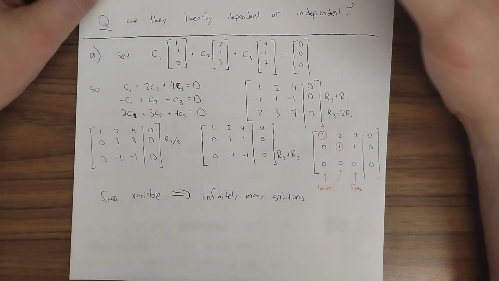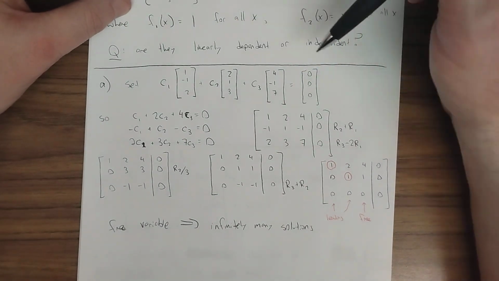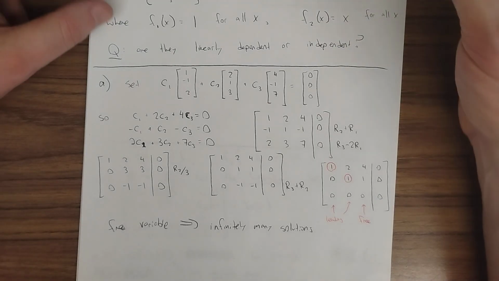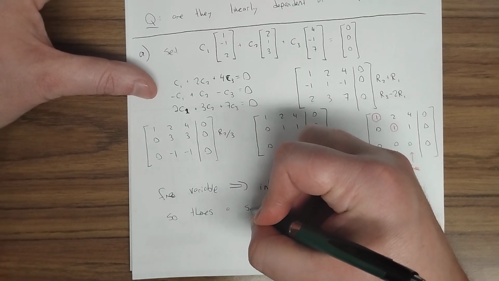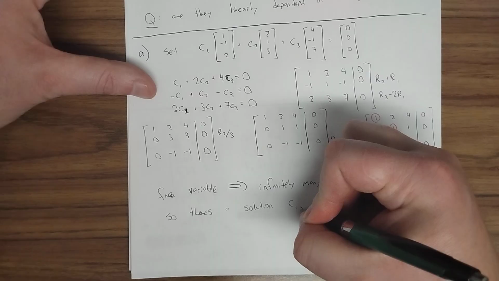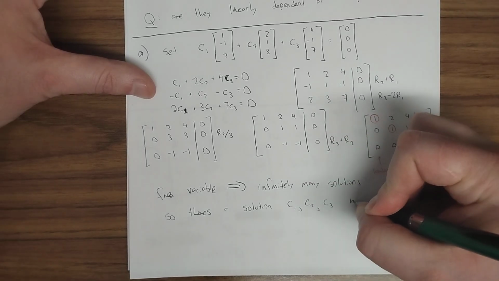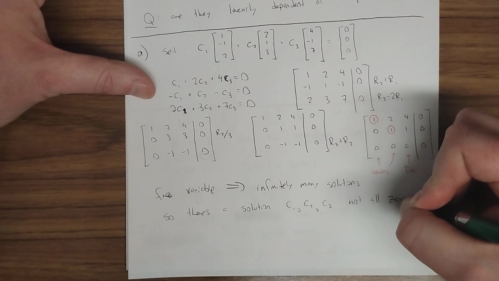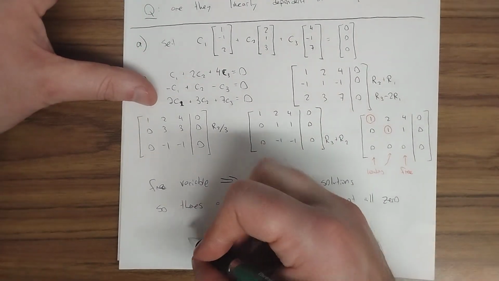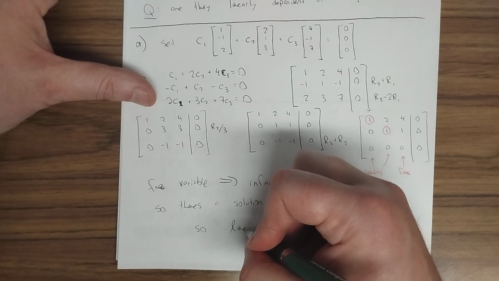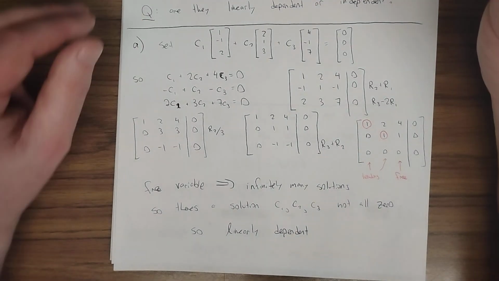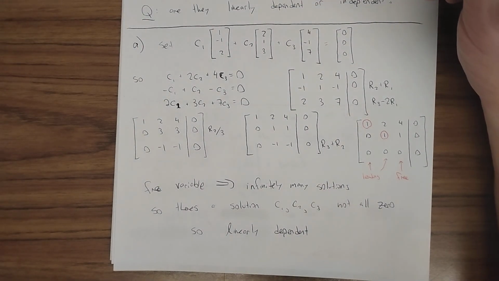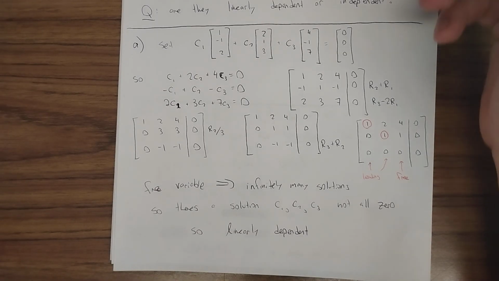So there's definitely a choice for C1, C2, C3 that aren't all 0. In other words, these are linearly dependent.